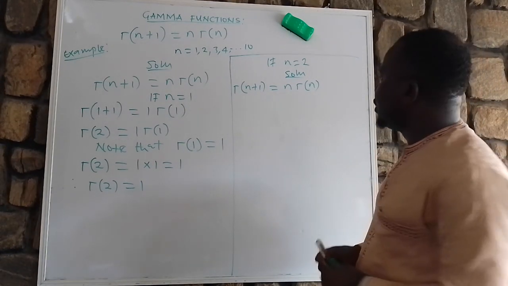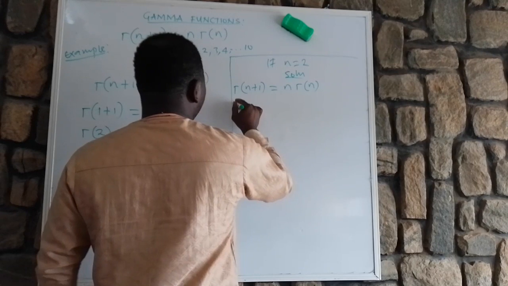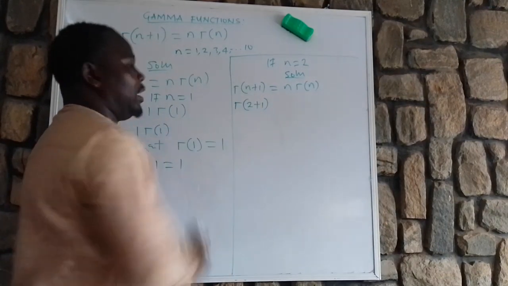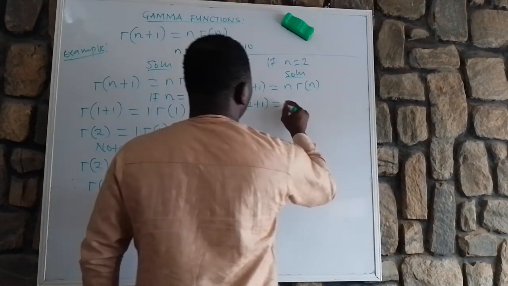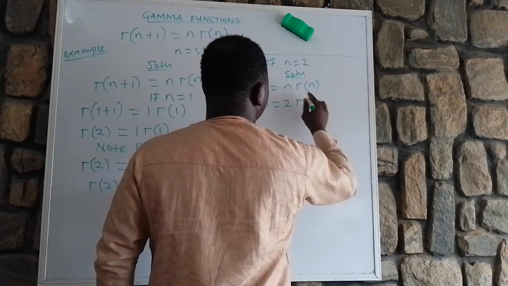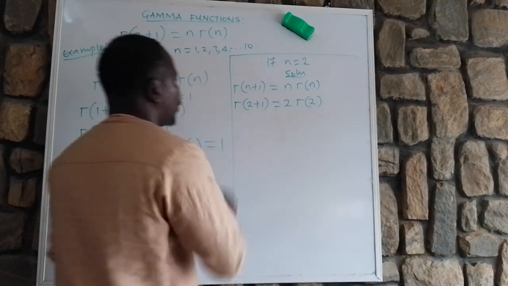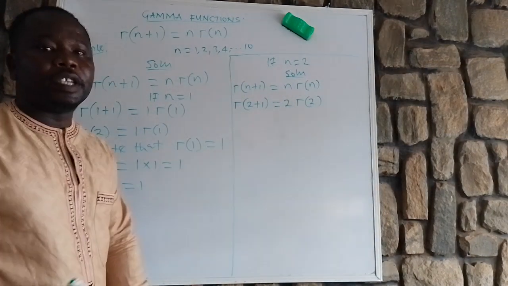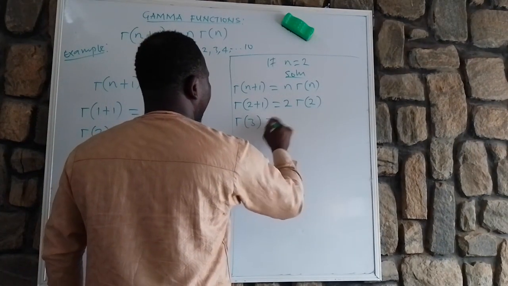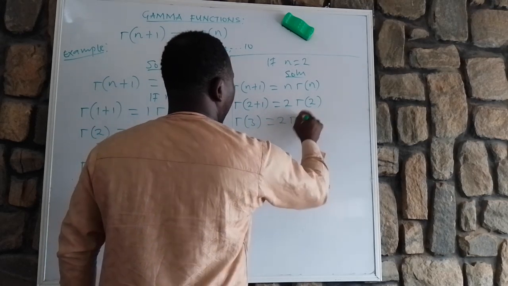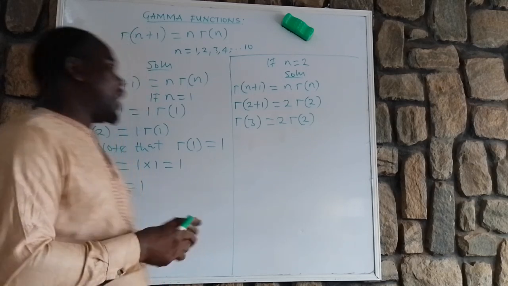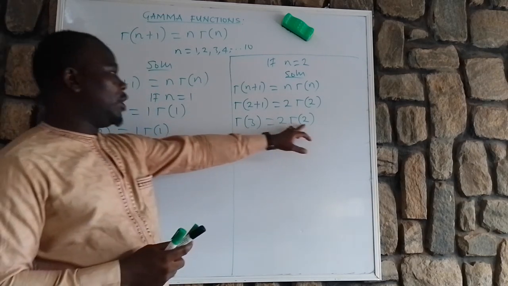Is that clear? So here will now be gamma of 2 plus 1, that is, we are talking about the left hand side, equals to n is 2, gamma of n, which is 2. So 2 plus 1 is going to give us 3. So gamma of 3 is equals to 2 gamma of 2. But note that, go back. Here we have gamma of 2.